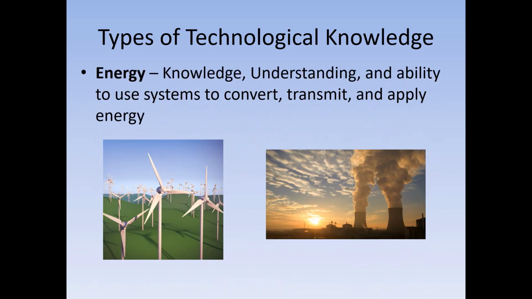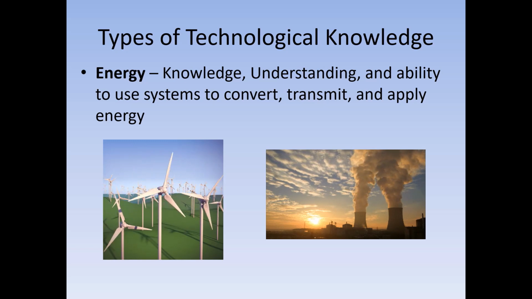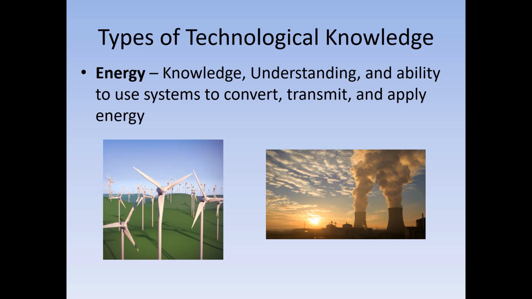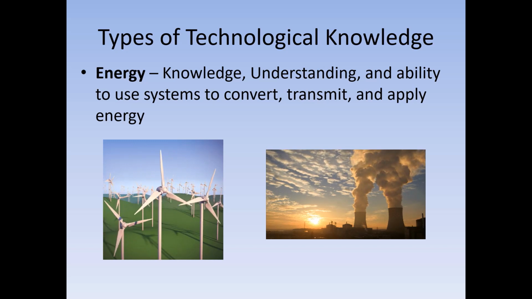So then you also have energy. And energy, obviously, is our knowledge, understanding, and ability to use systems to convert, transmit, and apply energy or power. And again, I have 2 instances down here. Obviously, you'll see wind power, and on the right-hand side, you'll see nuclear power plants. But the thing is, how do we get that energy that's created at these various places to our homes?